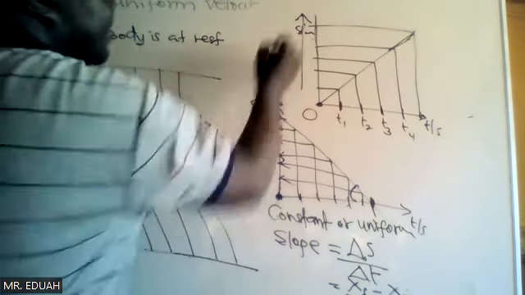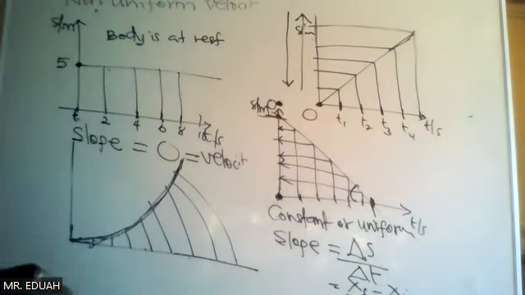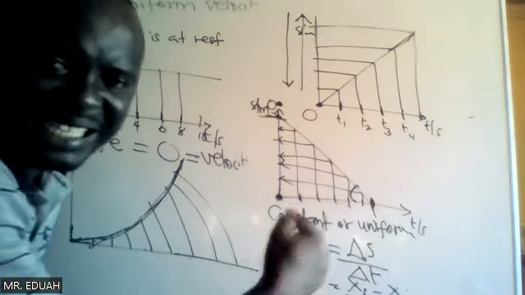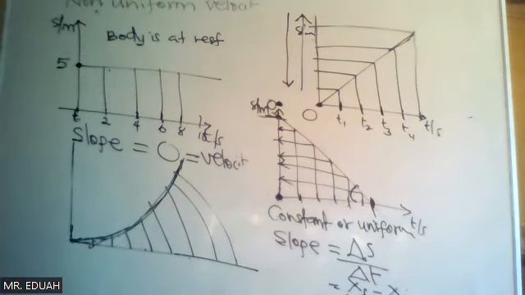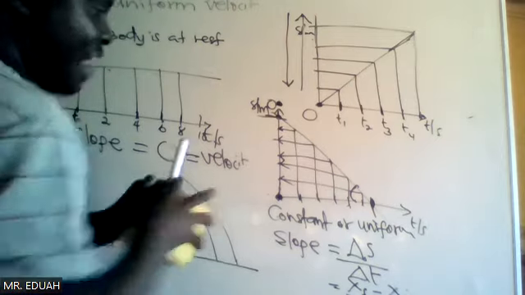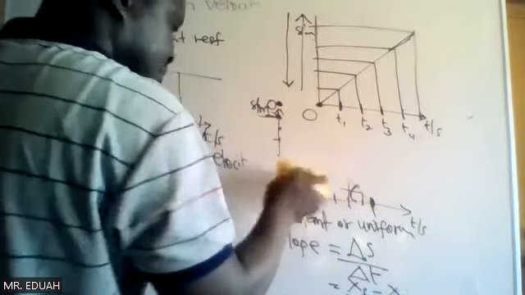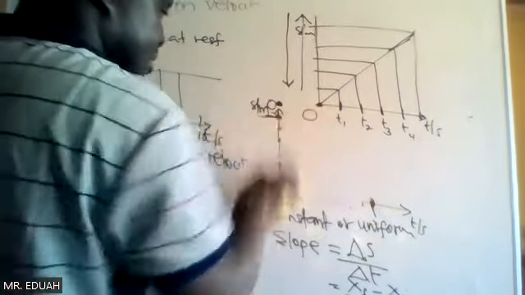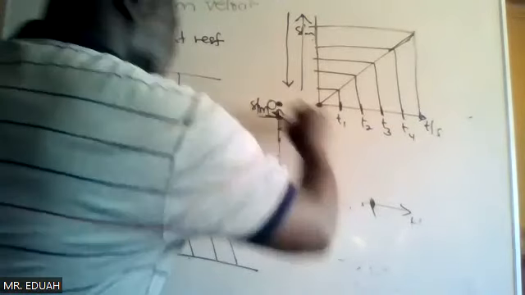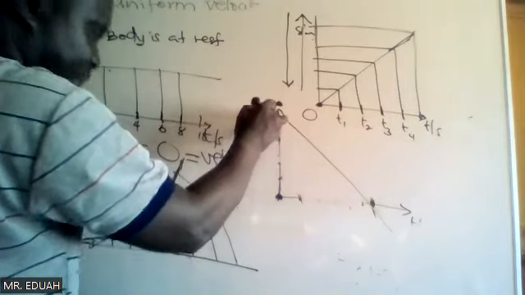We can also have a situation where as time increases, the body is moving towards the starting point O. And when you plot such a graph, you have a negative slope. So this is how such a graph would look.